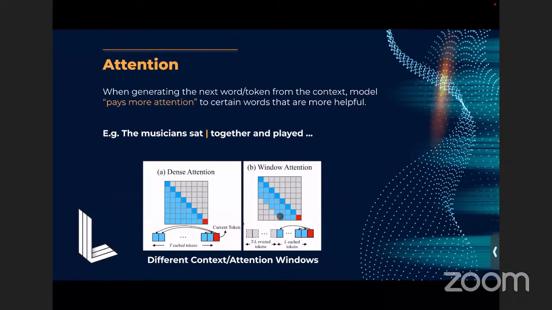Whereas in window attention, because as inputs get really, really long, the model would only consider the last few tokens. So for example, it might just consider the last 3 tokens. Obviously in real world examples, this might be like 3,000 tokens. And so it would just look at together and played and have to predict the next word.